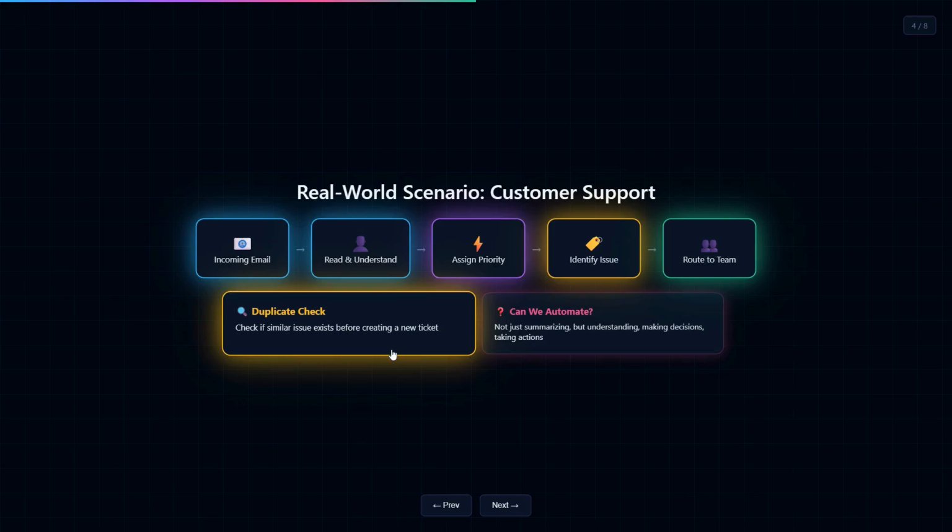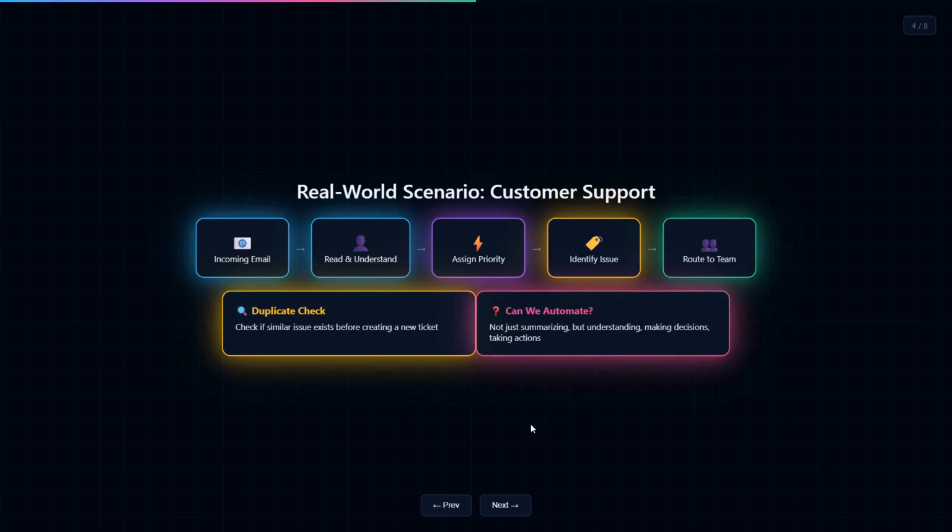This entire workflow is manual and depends on a lot of human judgment, and it also involves multiple steps and decisions. Now the question is, can we automate this entire workflow? Not just summarizing the email, but actually understanding it, making decisions, taking some actions, and completing the end-to-end process. That is exactly where Agentic AI comes into the picture.